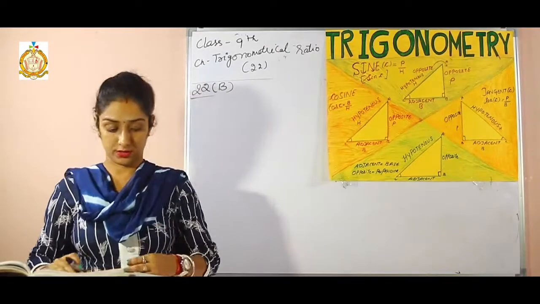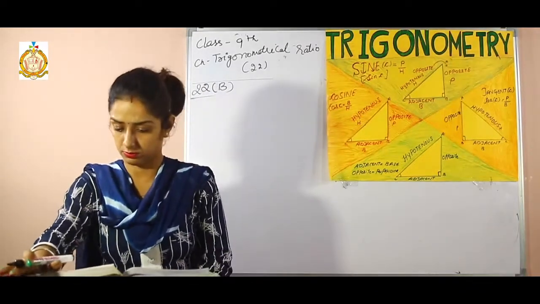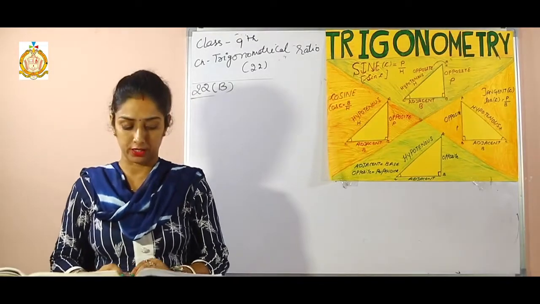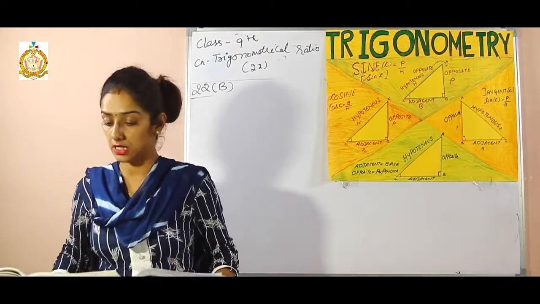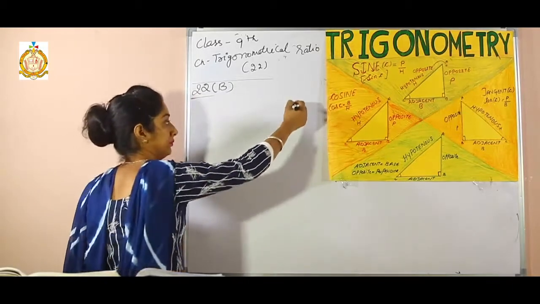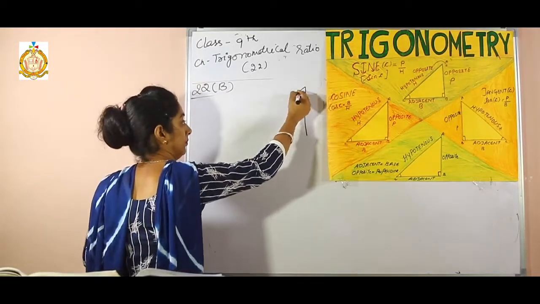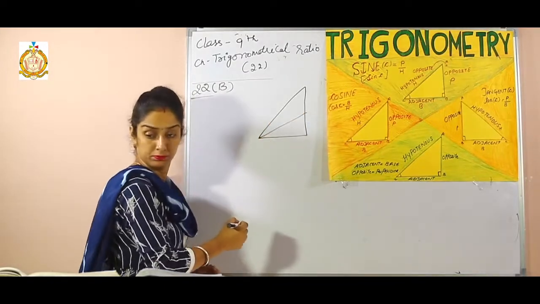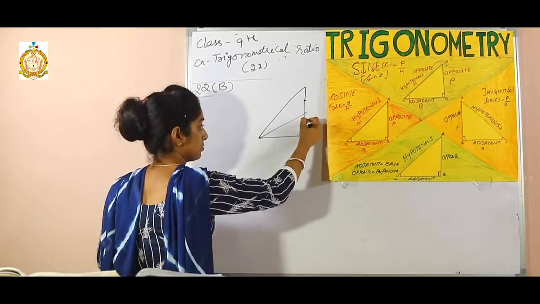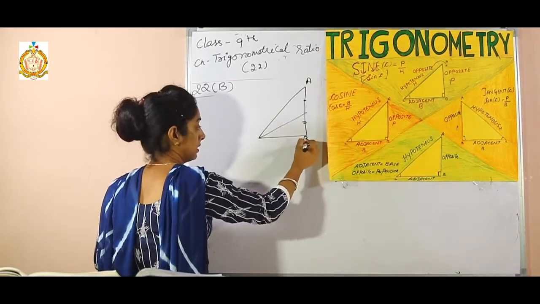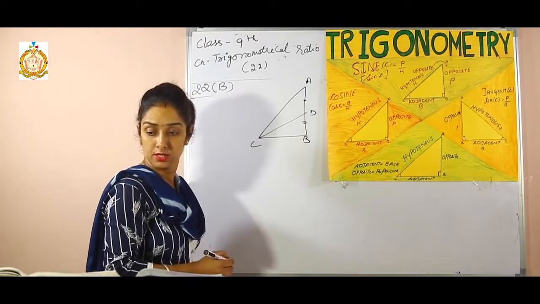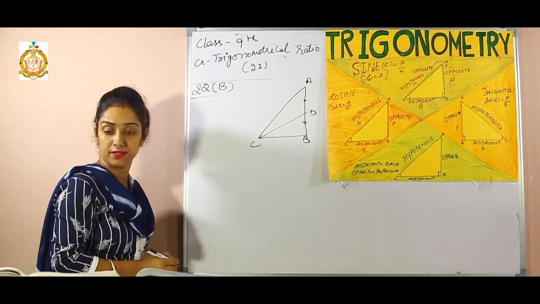See question number 15. In the given figure, angle C is of 90 degree. This one is equal to this, A, B, C, D, and angle C is of 90 degree.